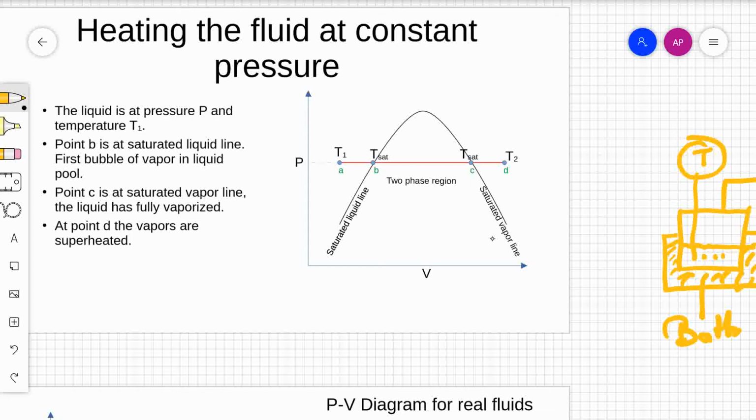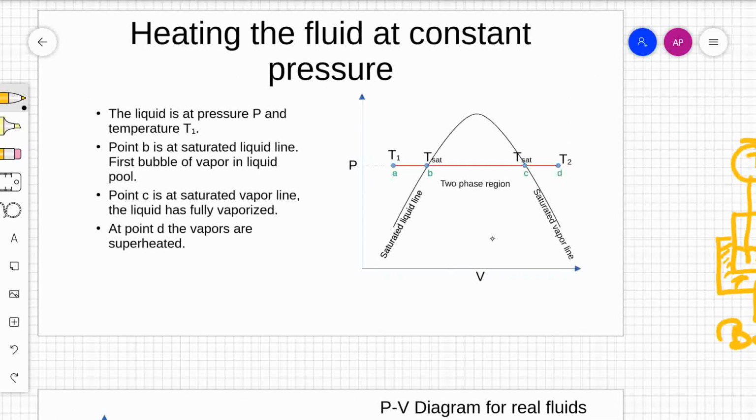When you further heat it and all the liquid gets converted into vapor, we get the saturated vapor, which is point C. And when we further heat those vapors, they become superheated, which is represented by point D. What we should note for the liquid is that A is known as a subcooled liquid, or all such liquids are known as subcooled liquids.